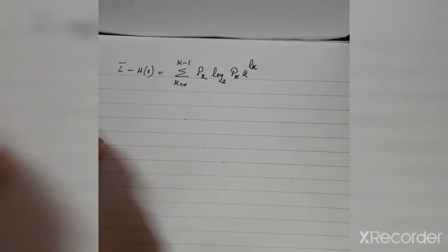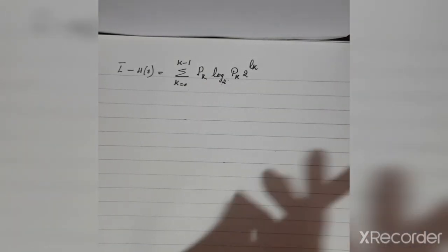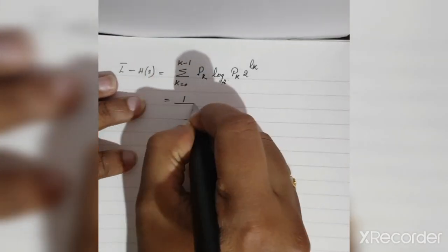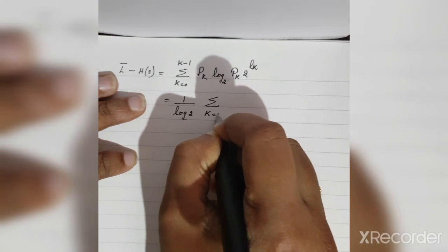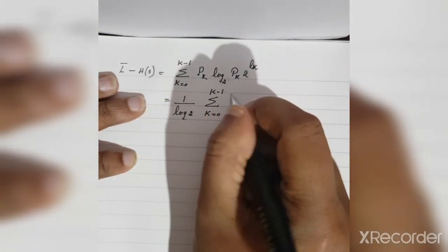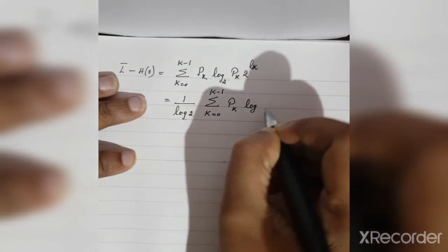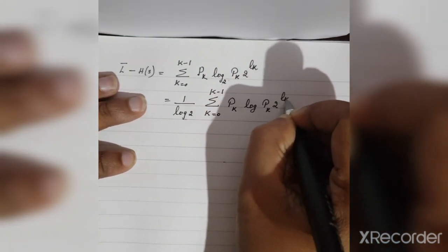Okay, now I am just trying to change the base of the logarithm to natural log, so that this becomes 1 by log 2 summation k equal to 0 to K minus 1 of pk log, natural log, of pk into 2 raised to lk.